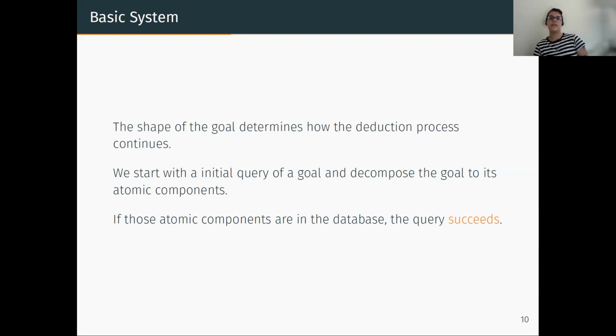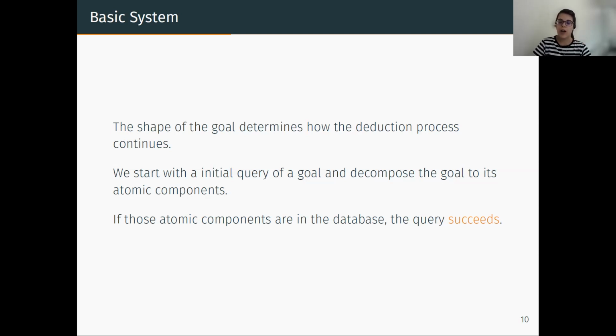Some of the rules of the system enable us to open branches in the proof. And if we reach an atomic component that is in the database on all of these branches, then we say that the query succeeds. What that means is that we can answer yes, the formula A does follow from the database.